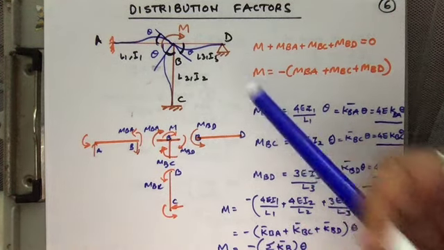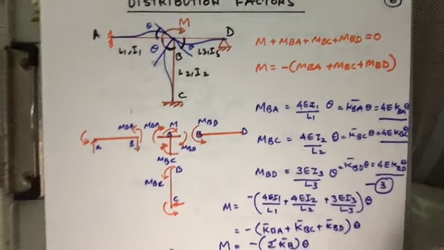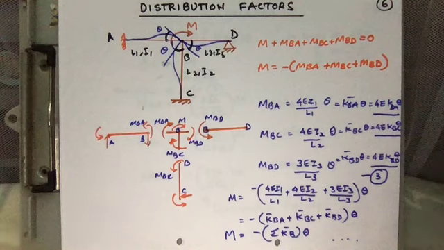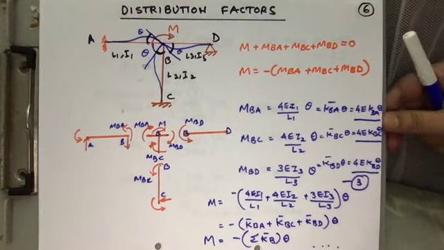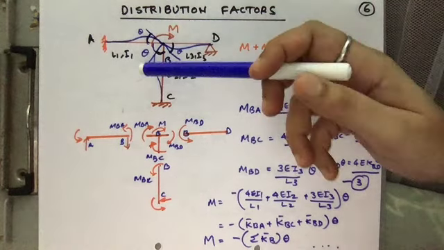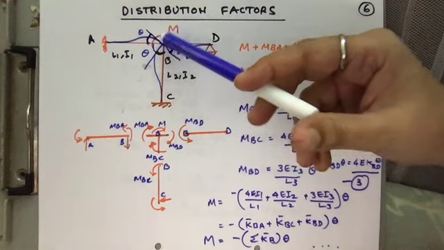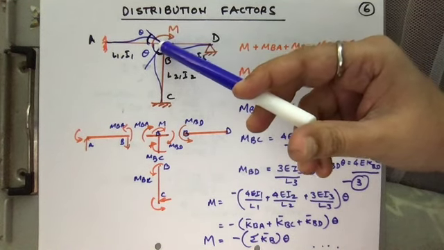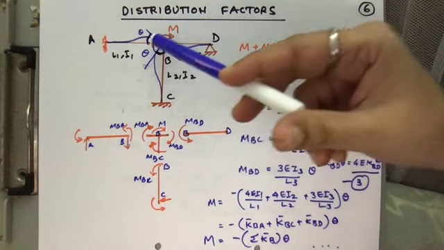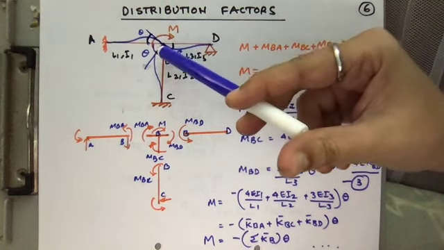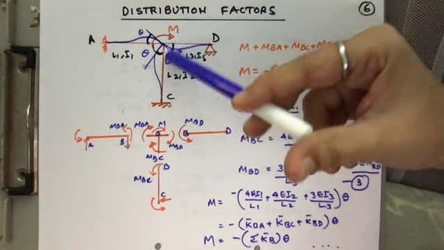Now distribution factor. What are distribution factors? To understand this terminology, we can simply take this frame where two supports are fixed and one is hinged, and there is an applied moment at this particular joint. Now this joint is rigid, it will be subjected to rotation theta, and you know that in all three members, because this is a rigidly connected joint, the theta remains the same in all the members.